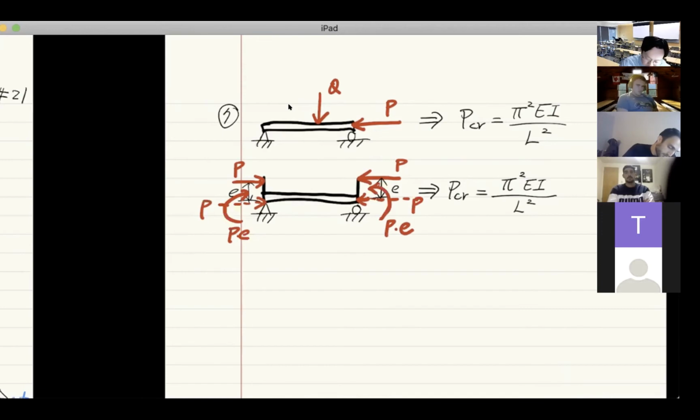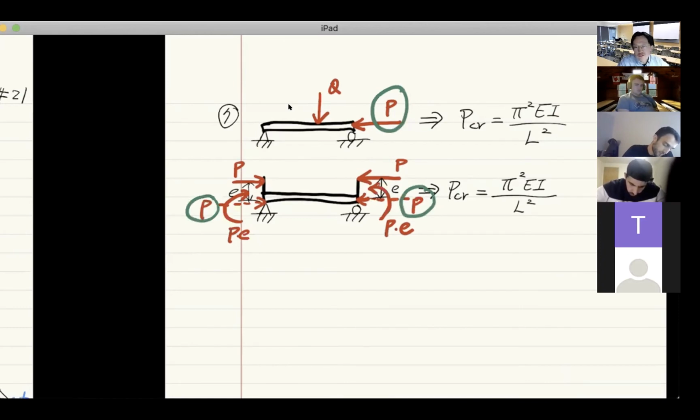So this is the answer. The two things that really matter in column buckling are, first, your axial force. Only axial force matters. Whether it is 1P or 2P or 3P, that makes a huge difference. Moments, they don't matter. So the axial force is really the important one.